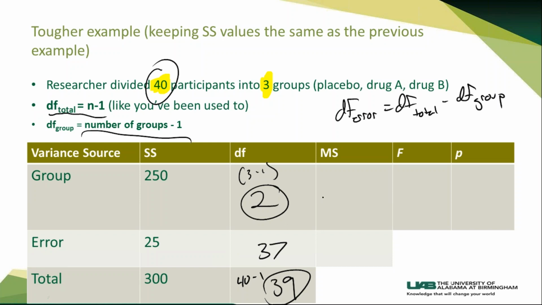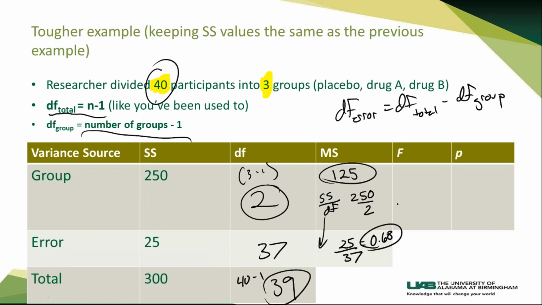So then here, again, it's the sums of squares divided by the degrees of freedom, which is 250 divided by 2, which gives us 125. Same thing here. So 25 divided by 37, which gives us 0.68.